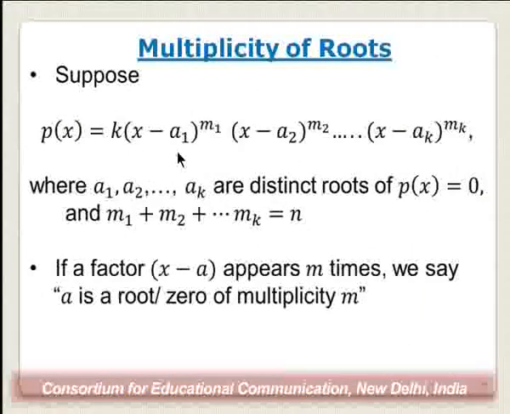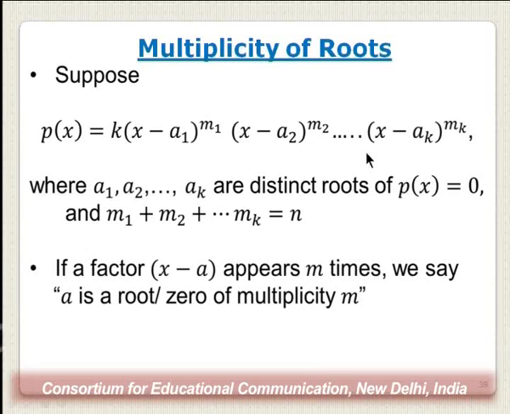So, let's talk a little bit about the multiplicity of roots, because that is something which is coming into our discussion. So, I'll tell you briefly about the multiplicity of roots. Let us suppose that we have a polynomial p of x, which can be written as k times x minus a sub 1 to the power m1 times x minus a sub 2 to the power m2, and so on till x minus a sub k to the power mk.